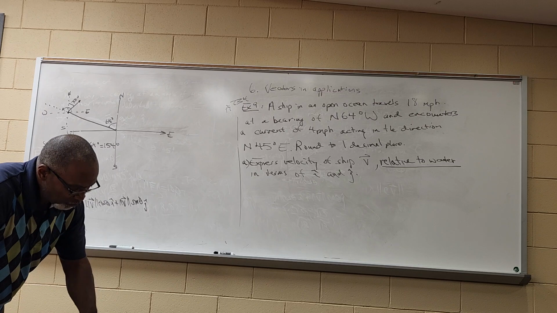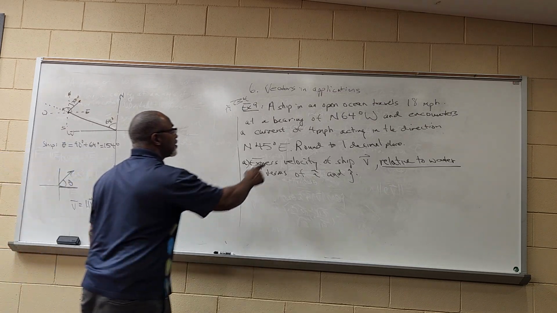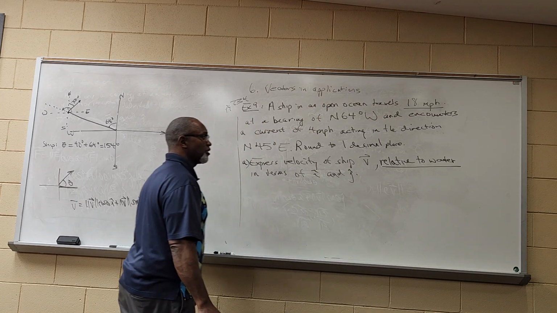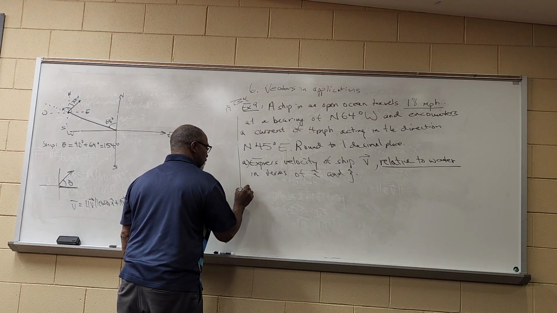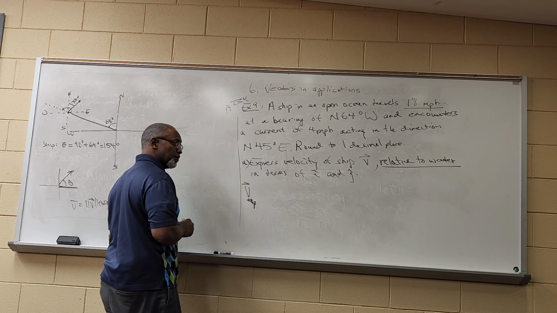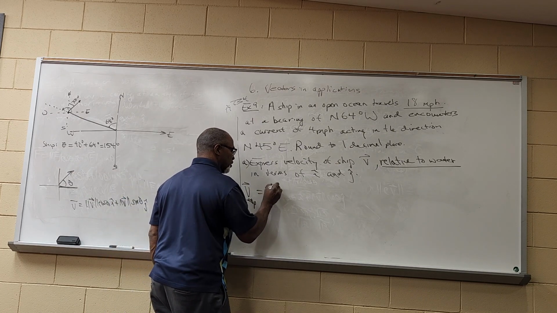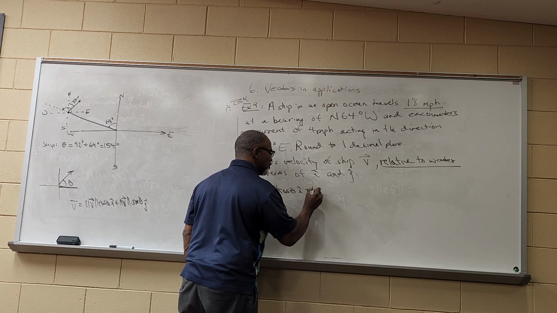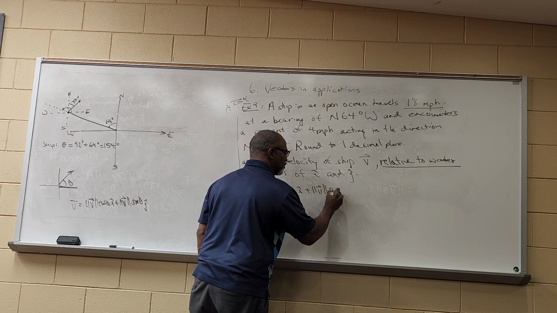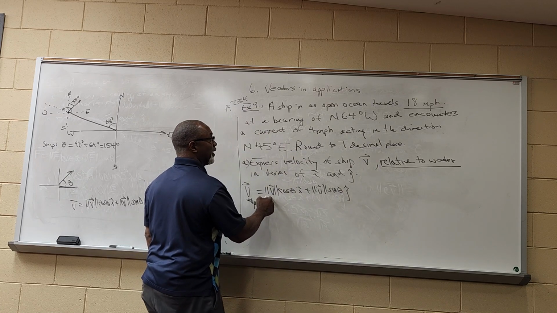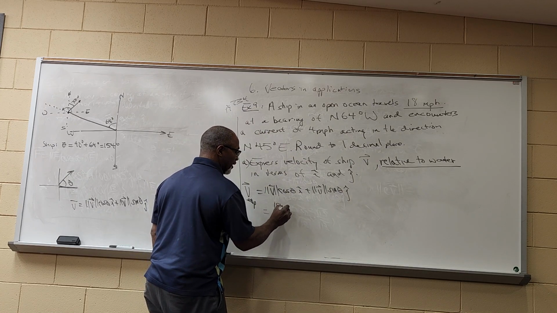I knew the ship was traveling 18 miles an hour. They said the ship travels at 18 miles an hour, so they gave me the magnitude of my ship's vector. So for the velocity of the ship, again, norm of V cosine theta I plus norm of V sine theta J. Norm of V they gave me is 18, and theta we just talked about.